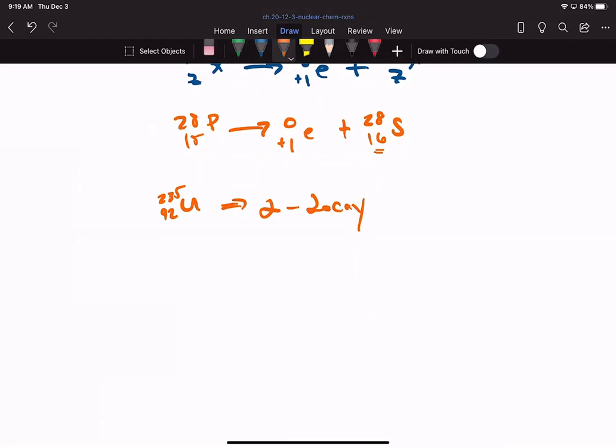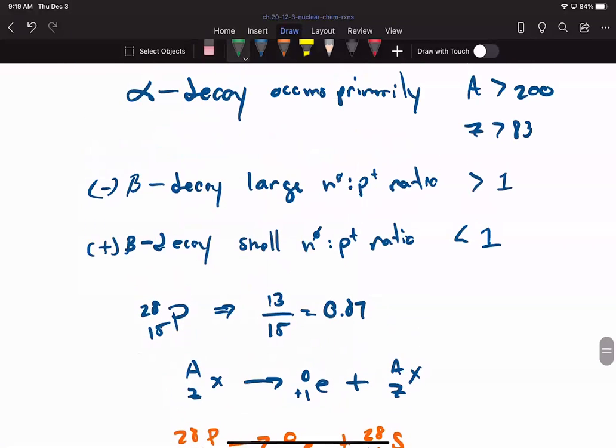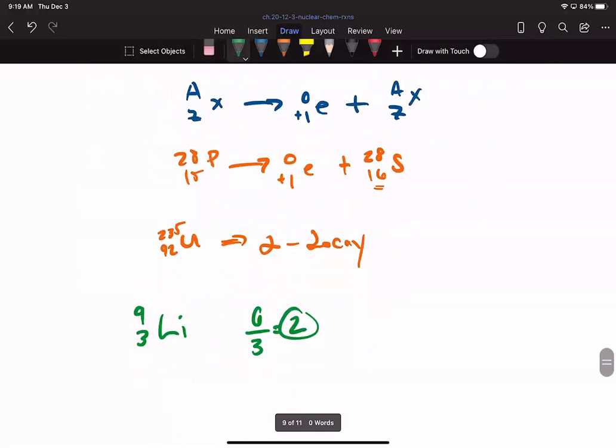How about lithium 9, 3? It's definitely not alpha decay. So what can we do here? It's got 6 neutrons and 3 protons. This is equal to 2, and that is going to be electron emission.